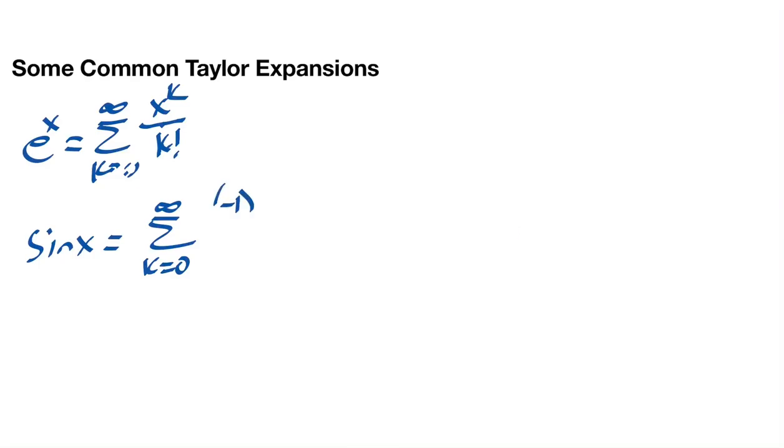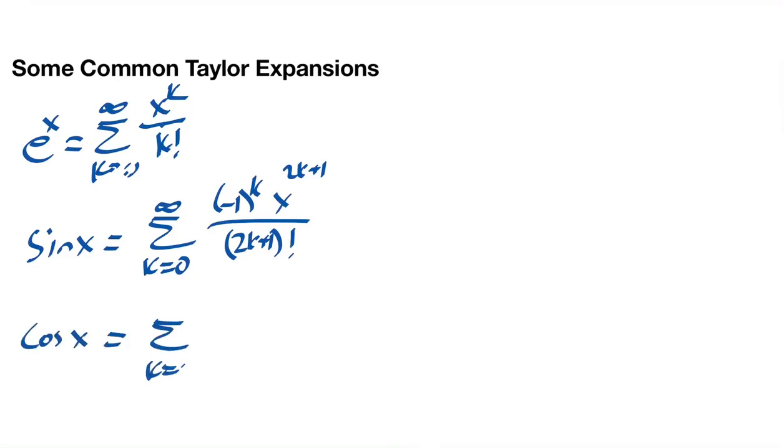Sine of x is the sum of (-1)^k x^(2k+1) over (2k+1) factorial. So sine is all of the odd terms. We're doing a similar thing to e to the x, except we're using only the odd terms and interlacing positives and negatives. That's because sine is an odd function, so it makes sense that we should only use the odd terms.